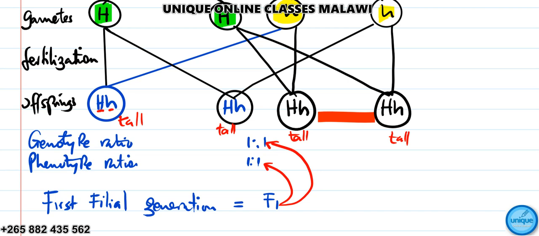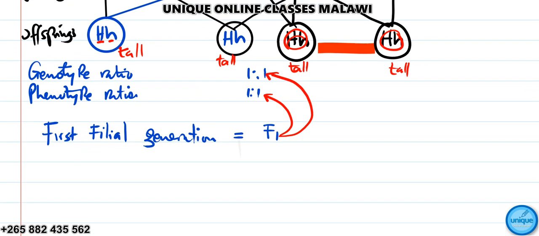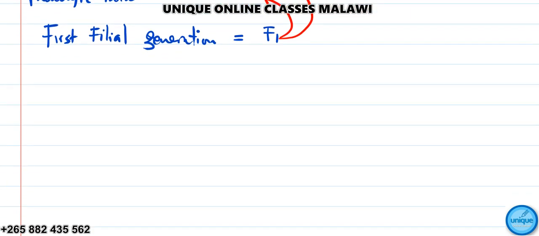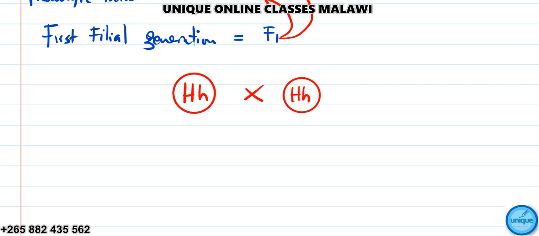What if we cross these offsprings? This one crosses is tengatulutse yani. So let's have here capital H small h. We have there capital H small h. So let's cross these. This time I'm referring to these as my parents.